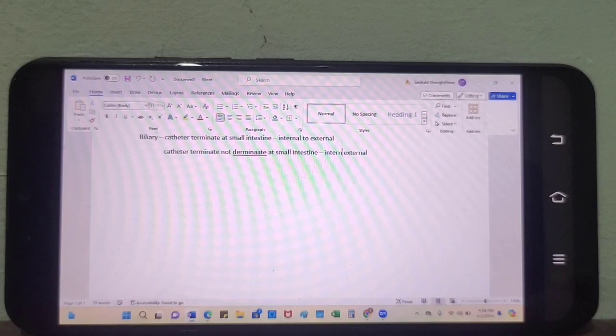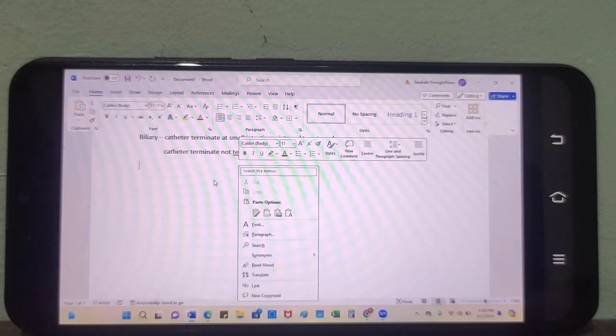Take a note. If a catheter does not terminate at the small intestine, that is external. If the catheter terminates at the small intestine, that is internal to external. Not terminate means external, terminate means internal to external.